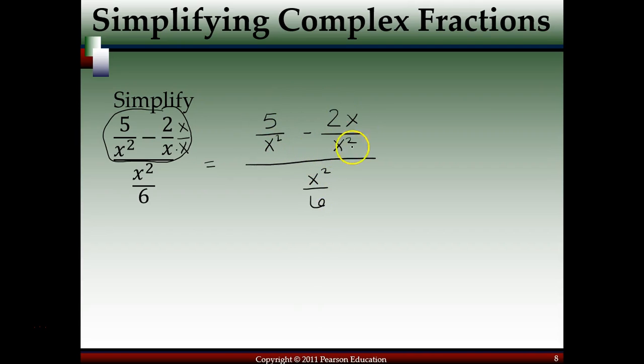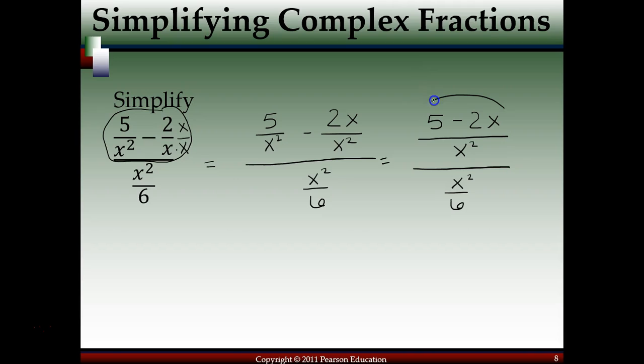Now combine together these fractions. Since we have common denominators, we can do that. This is going to end up being 5 minus 2x over x squared, and then that's over x squared over 6. Now, the next step in this method, now that we've combined together these two fractions, we need to multiply this numerator by the reciprocal of this denominator.